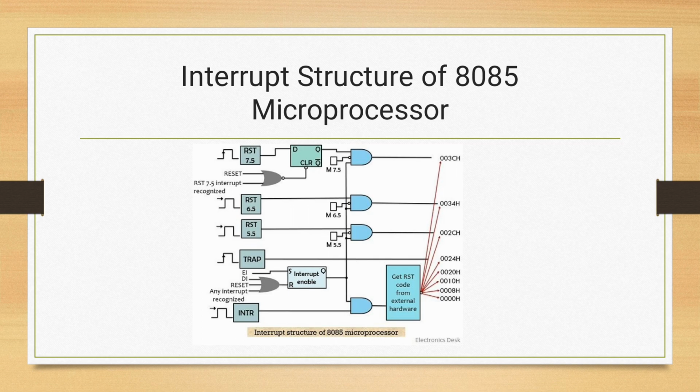But if you enable the interrupt system but want to disable some of the interrupts among all of these, then it is done by programming mask values, which are mask bits. These mask bits are generally provided inside the CPU, and can be programmed by using an instruction called SIM, the set interrupt mask instruction.